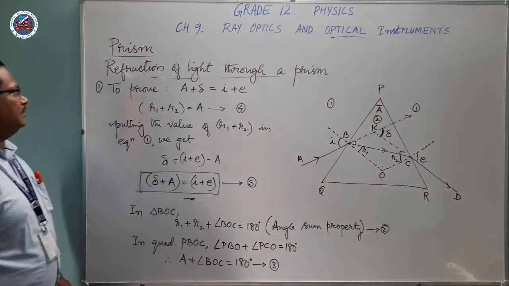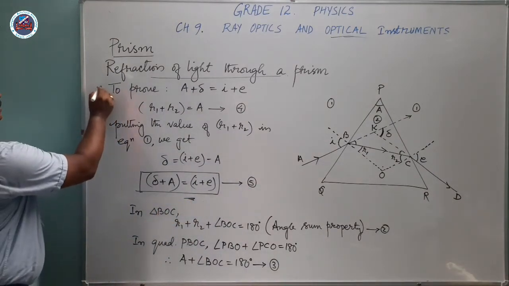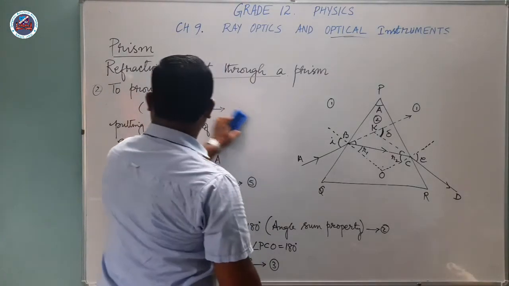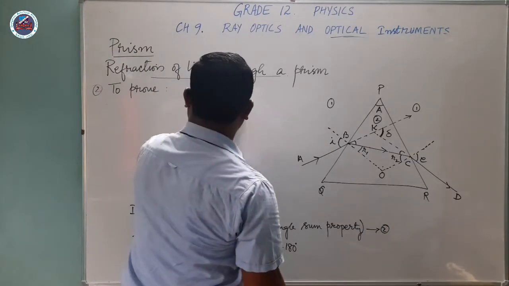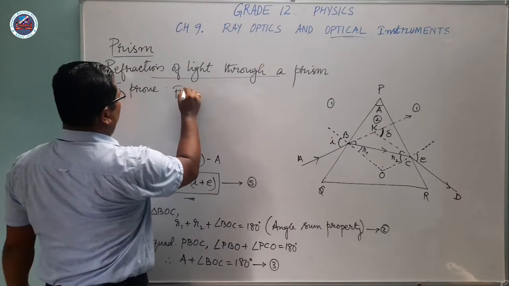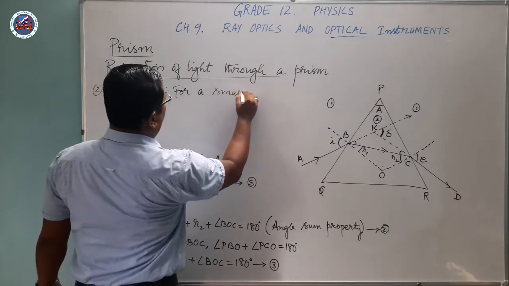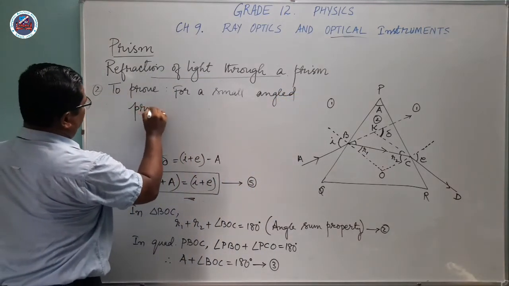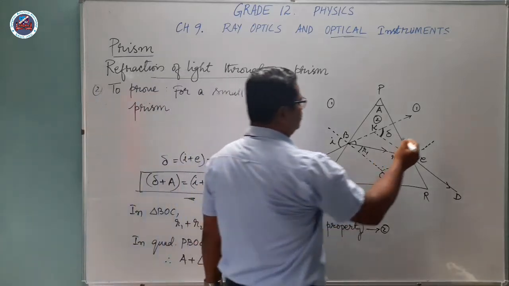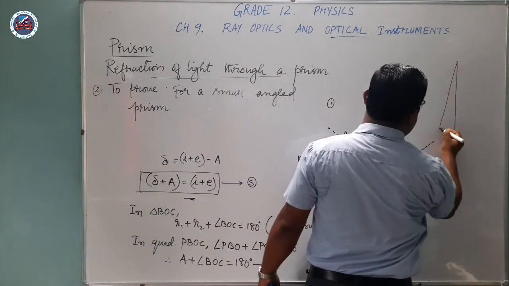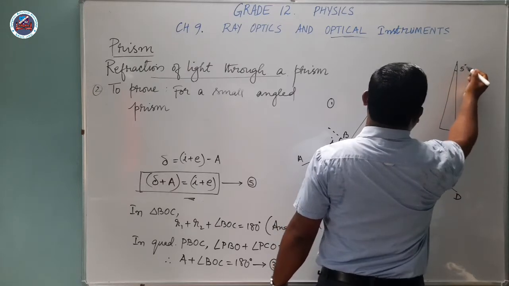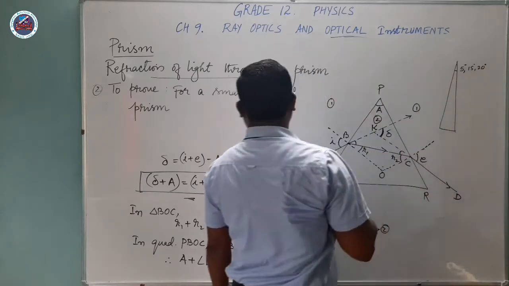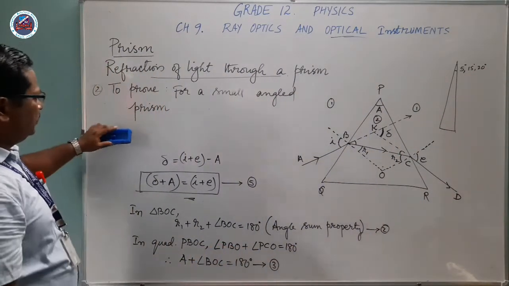Now the second proof is to prove for a small angled prism. If the angle of the prism is very small, for a small angled prism somewhat like this, with angle around say 5 degree, or a thin prism, or 15 degree or 20 degree, then there is a different relation.